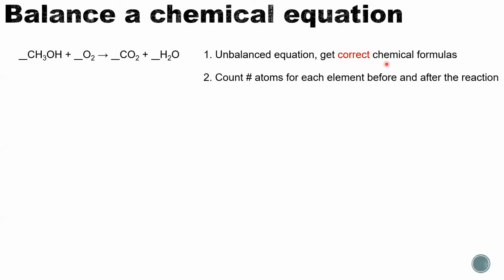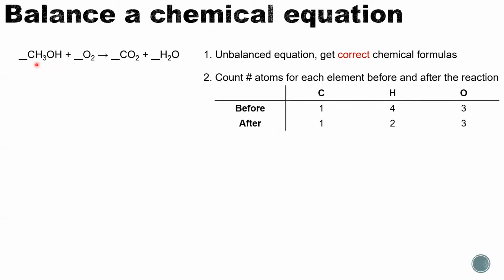Then we can count the number of atoms for each element before and after reaction. For example, for carbon, we have only 1 carbon before reaction. But hydrogen showed up in 2 different places. We add them up, so in total we have 4 hydrogens here. Oxygens also come from 2 places. Add them up, we have 3 oxygen atoms.